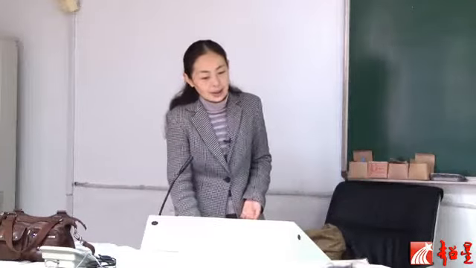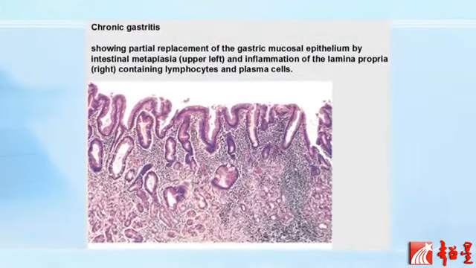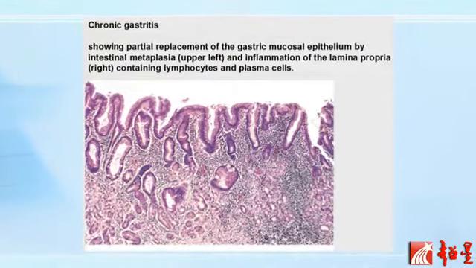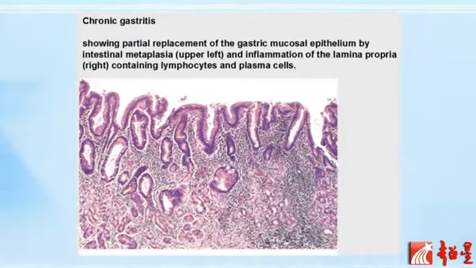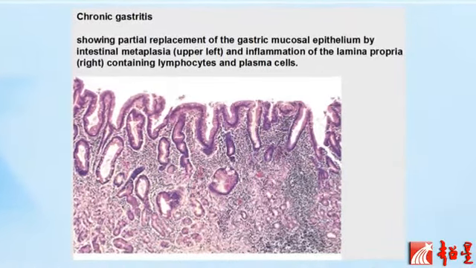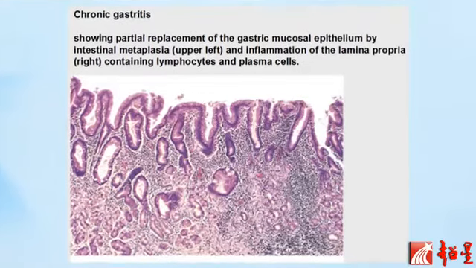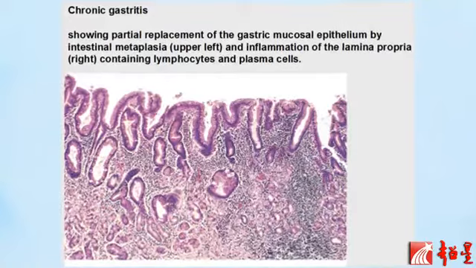Now first, let's see the chronic gastritis. Here, this picture shows us this chronic gastritis. From this picture, we can find this is the intestinal metaplasia. Why we say this is intestinal metaplasia, this area?